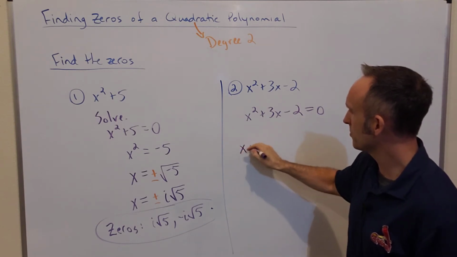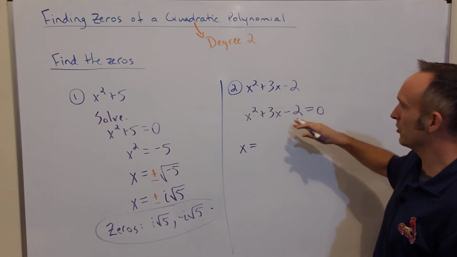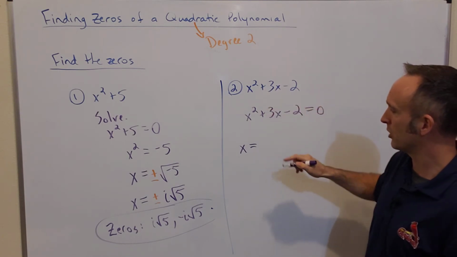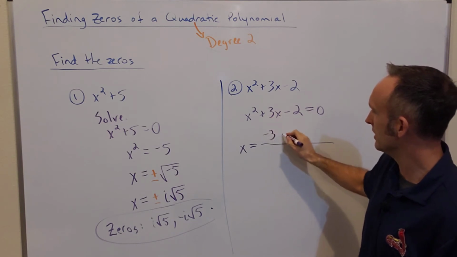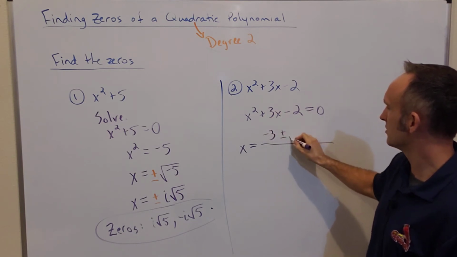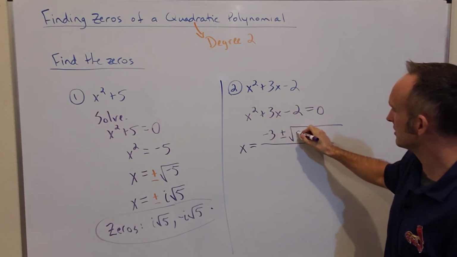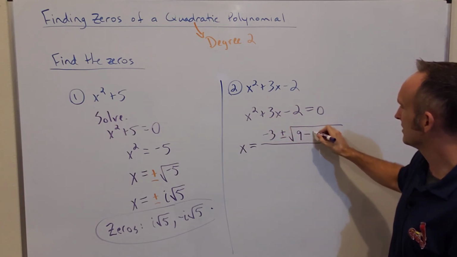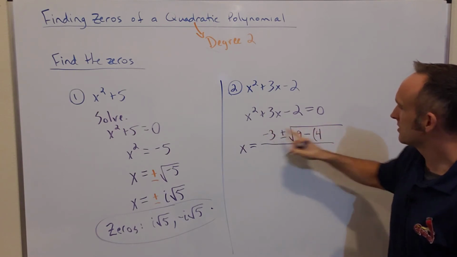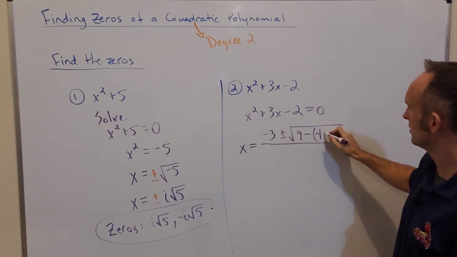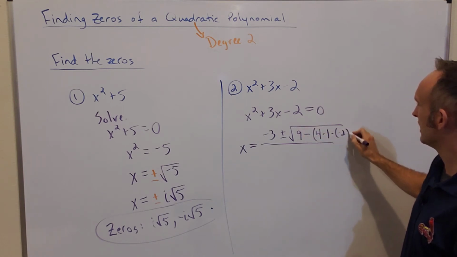So the quadratic formula tells us that the solutions to this equation, in other words, the zeros of the original polynomial, are -b, so that's -3, plus or minus the square root of b squared, that's 9, minus 4 times a, which is 1, times c, which is -2.